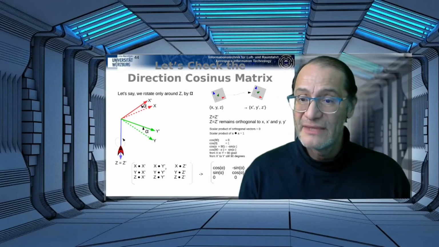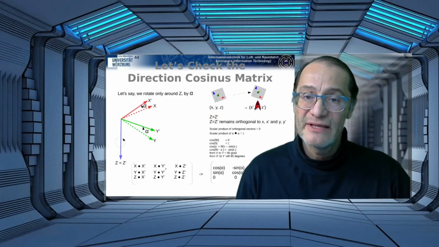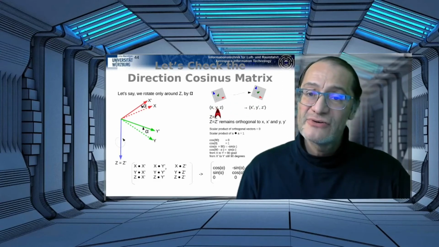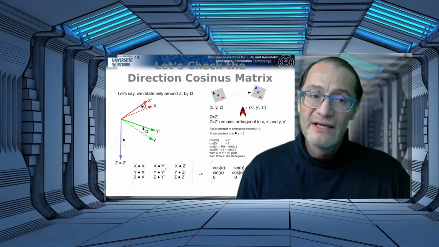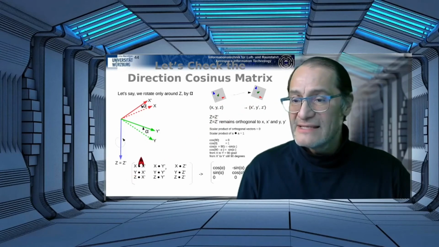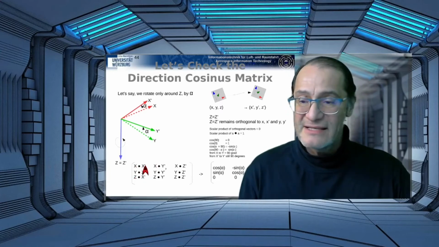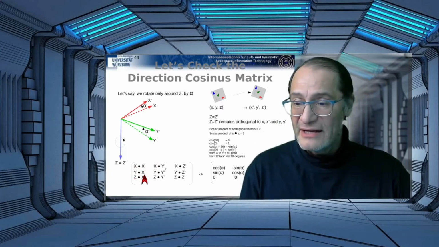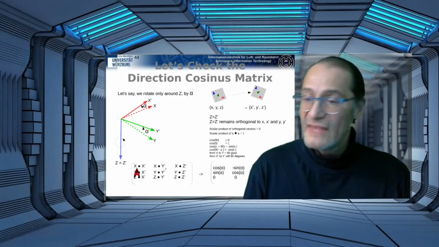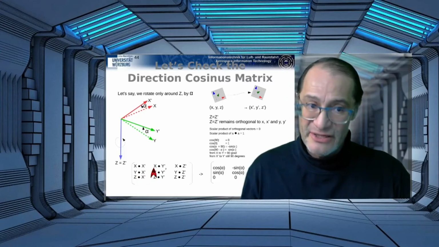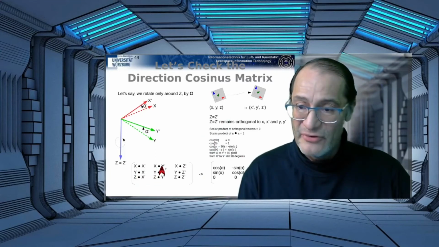So, for example, if I am moving from here to here, and I want to have the rotor, then it's the direction cosinus matrix of this. Let's say x was before the rotation, and x apostrophe after the rotation. Exactly the same with y and with z. This is the definition of the direction cosinus matrix. You can look at the other movie to check.